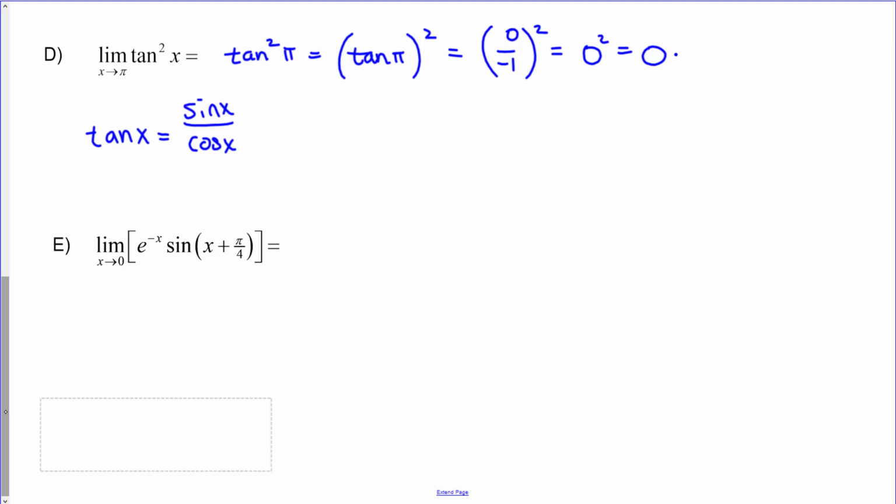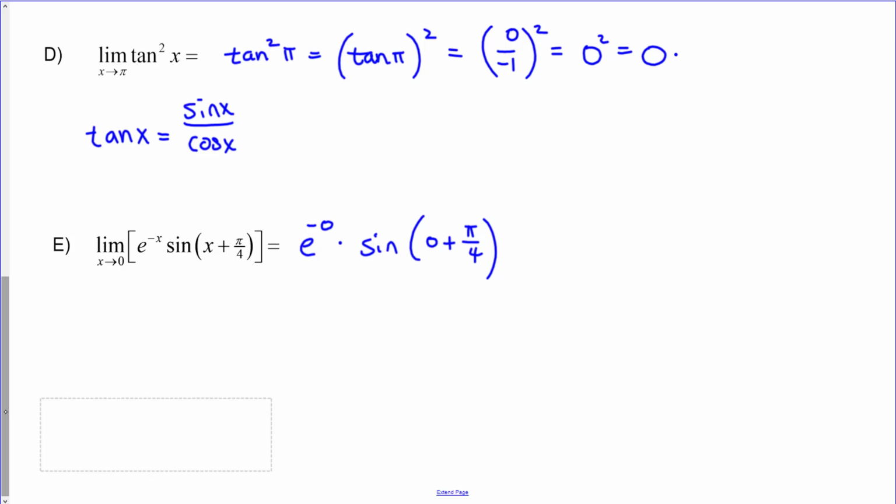It'll take more time, but it'll work out. So plug in 0: e to the -0 times sine of 0 plus pi over 4. So -0, of course, is just 0.